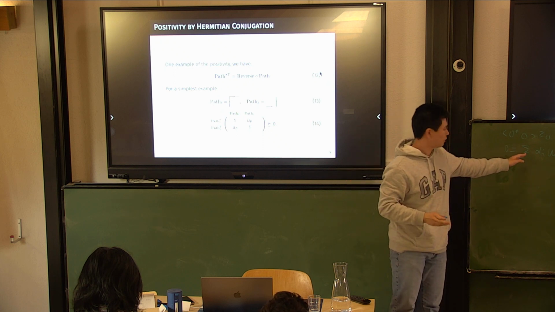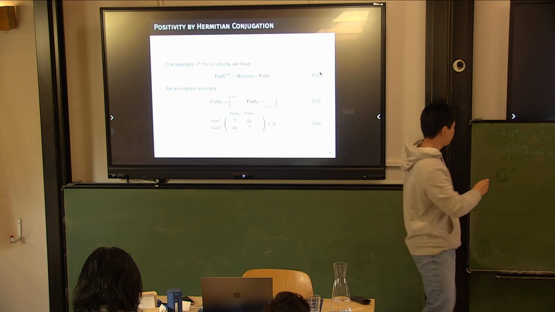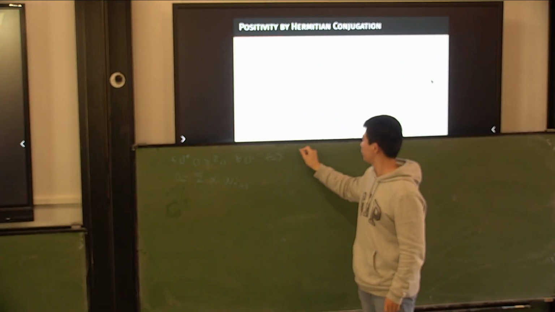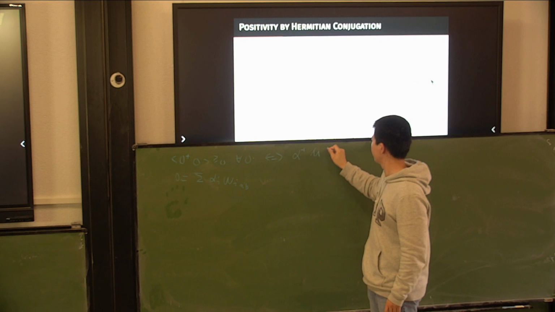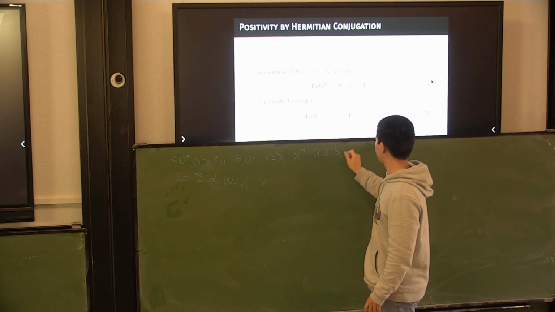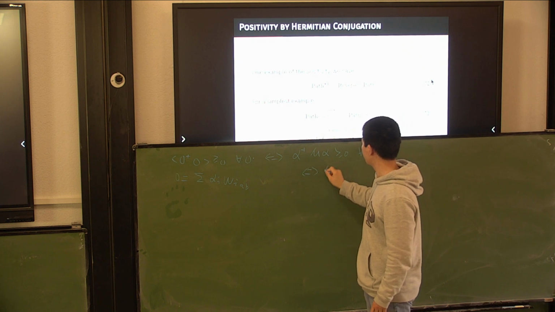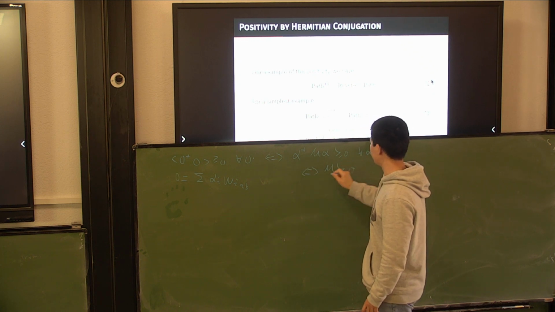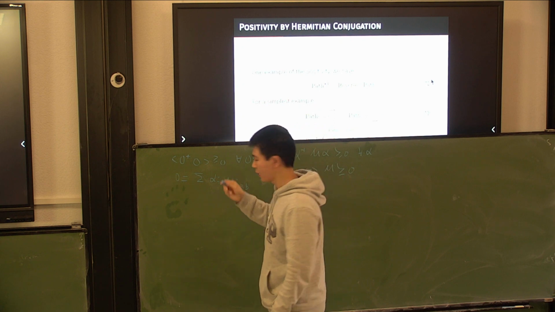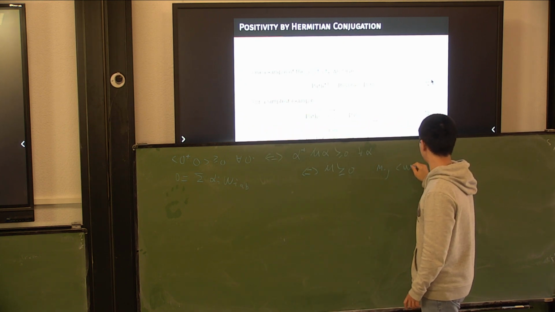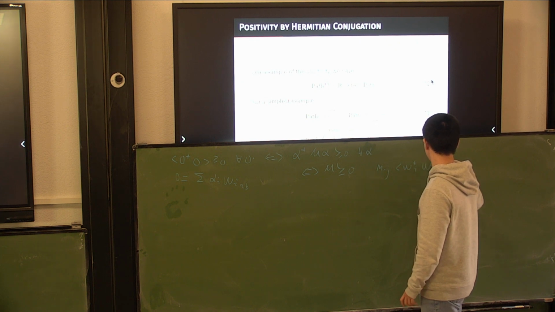Then, because this is for arbitrary O, this equation is equivalent to alpha dagger N alpha being larger than 0 for any alpha. Mathematically, this defines the positive semi-definiteness of the matrix N_ij.